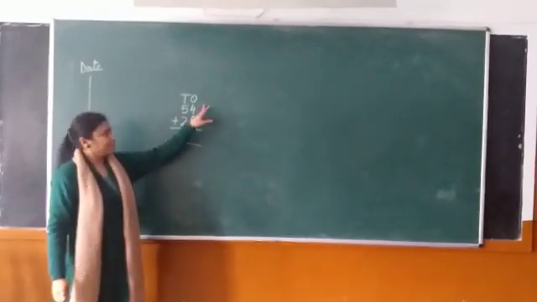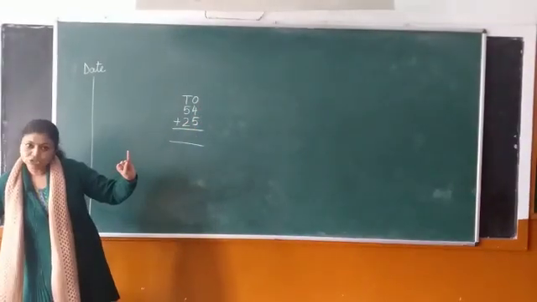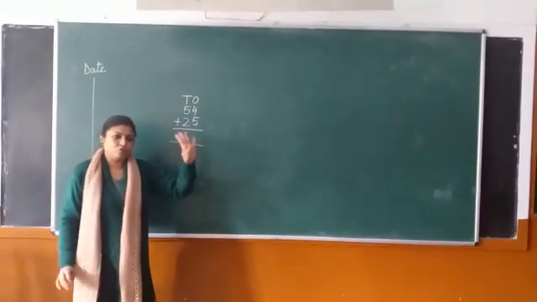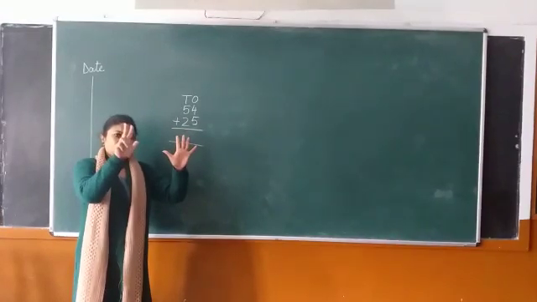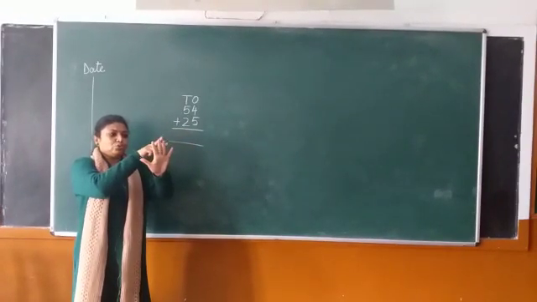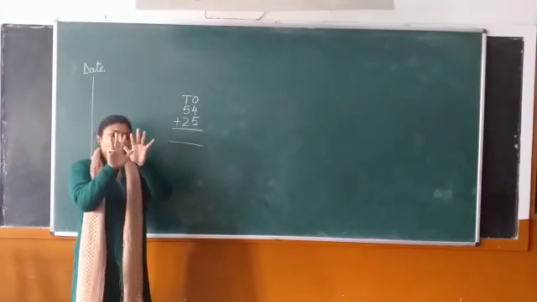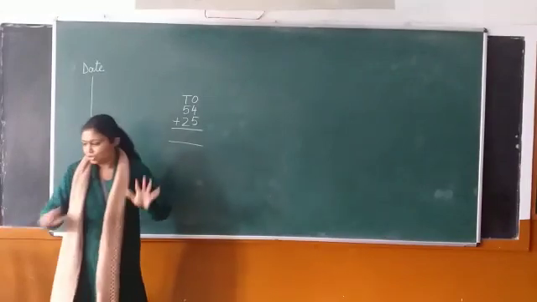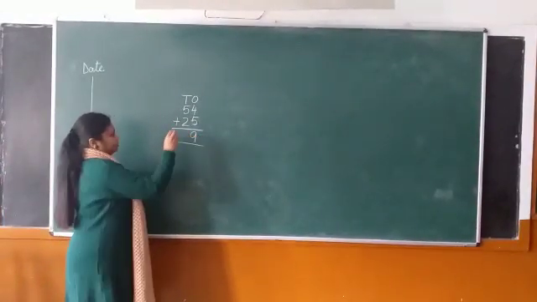Now under ones we have 4 plus 5. So let's count 1, 2, 3, 4 and 5. Now let's count this together. 1, 2, 3, 4, 5 and this is 6, 7, 8, 9. So 4 plus 5 is 9.